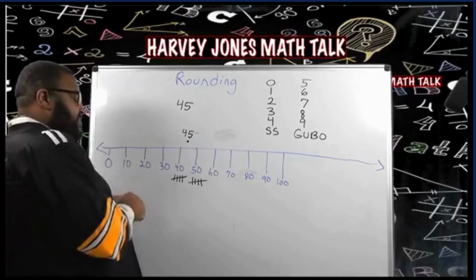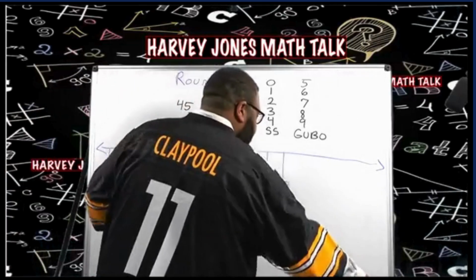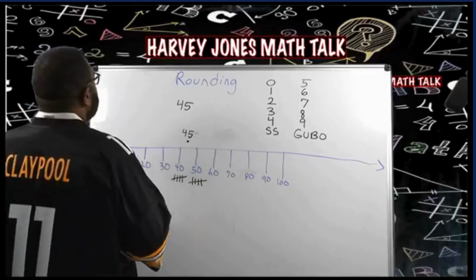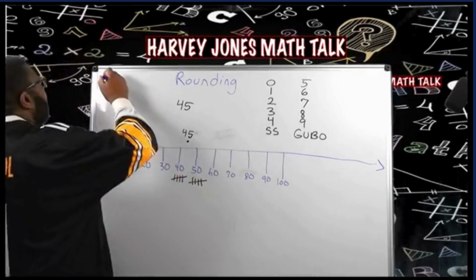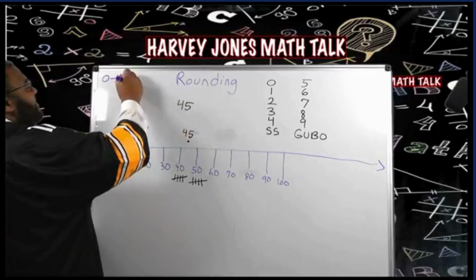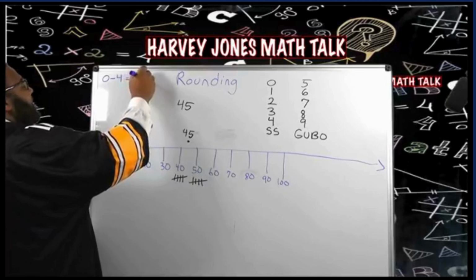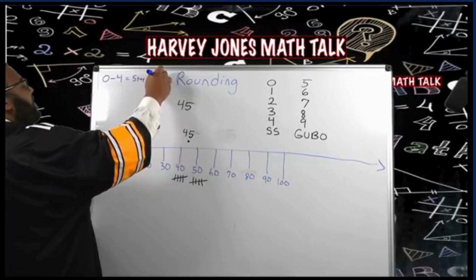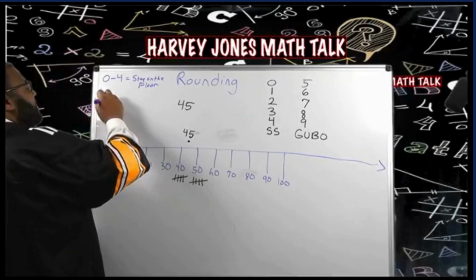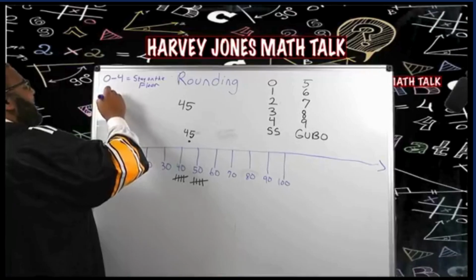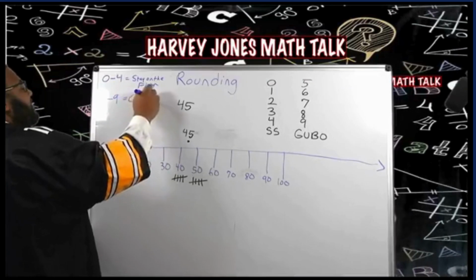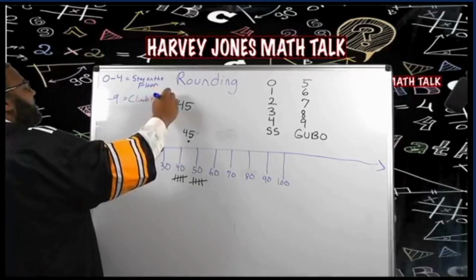Now, one of my teacher friends showed me another way that I thought was very interesting too when we use our number line. 0 to 4, same concept right here: stay on the floor. 5 to 9, climb the vine.